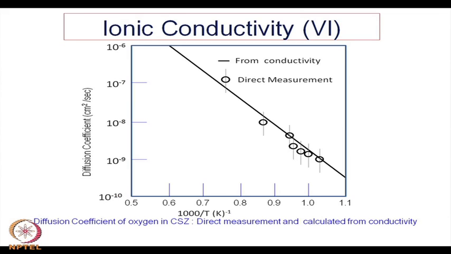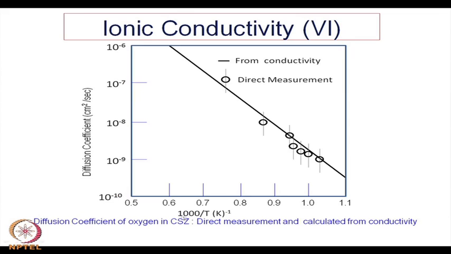The diffusion coefficient of oxygen, particularly in this case, as we have seen earlier, the addition of calcium oxide to zirconia creates a considerable amount of oxygen vacancy, and that oxygen vacancy favors the movement of the oxygen ions in this lattice. In fact CSZ is a very good oxygen ion conductor, and one uses it extensively for different purposes, including oxygen sensor applications, and also in high temperature fuel cells. Those things will be discussed later.